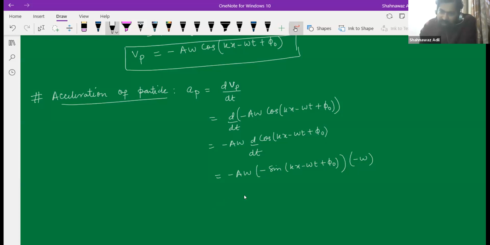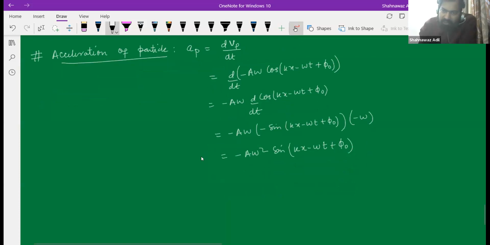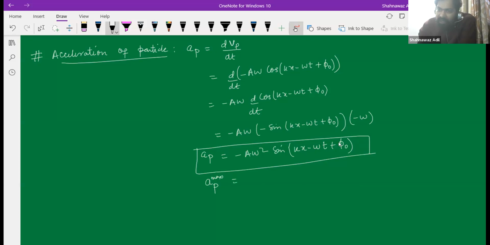So we will have minus A omega square sin(kx - omega t + phi). This would be the acceleration of the particle, right? And if we calculate the maximum acceleration, sine would be 1 at 90 degrees, so that would be A omega square, right?